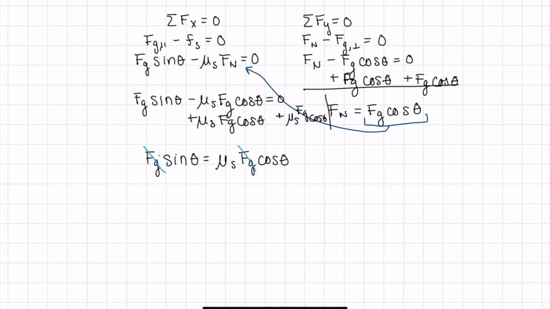And then I'm going to show you the other trick that typically happens in these types of problems. Now we're left with sine theta equals mu s cosine theta. We'll divide both sides by cosine theta so that these cancel.